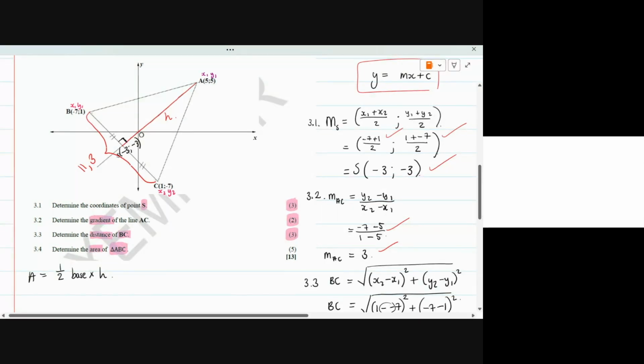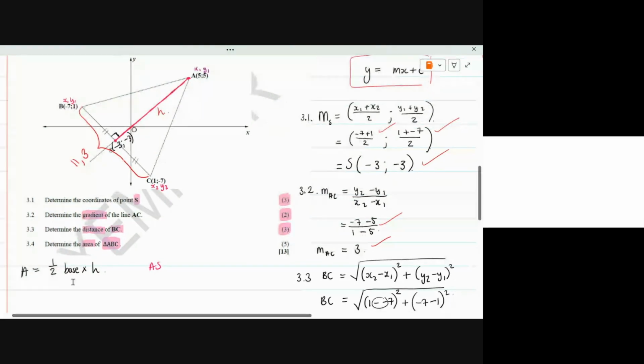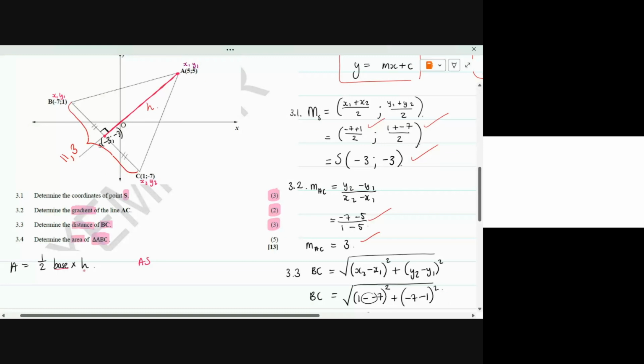We just need the length of the perpendicular height, and for the length we use the distance formula to calculate the distance of AS. Once we have AS, we take BC, our base, multiply by AS and take half of that, like we would in the formula for the area of a triangle. Kanyo, does that make sense? Are we okay with that?